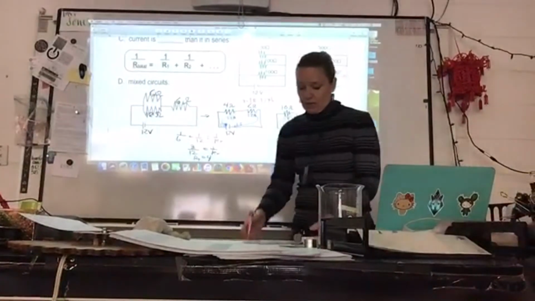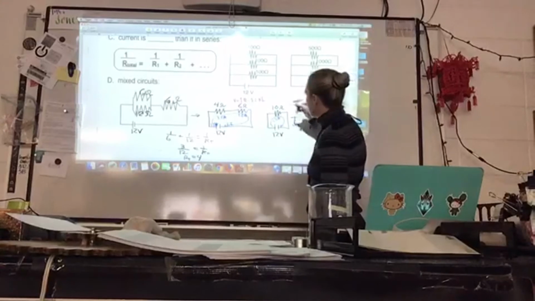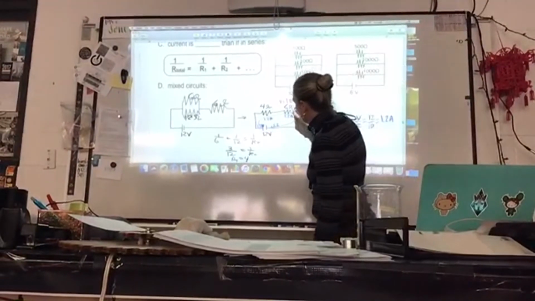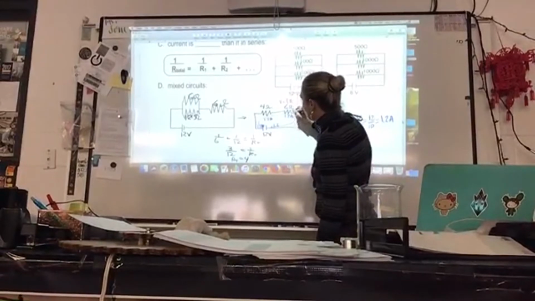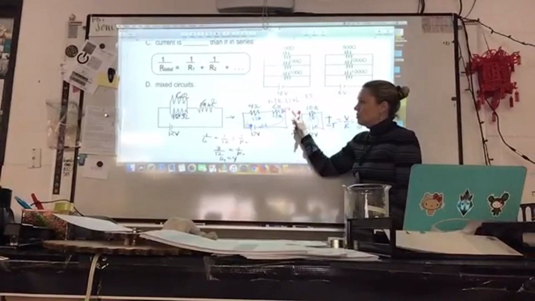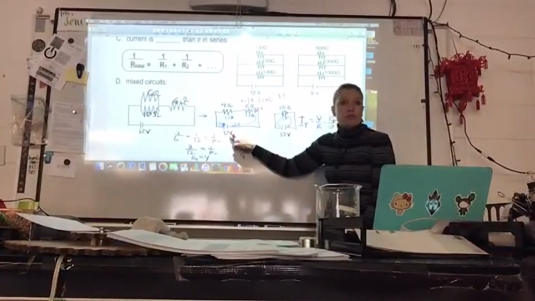All right, and what do we get? All right, 7.2? If I'm not crazy? So I'm going to label this 7.2 volts. So, could that be right? The total voltage is 12. Could that be right?